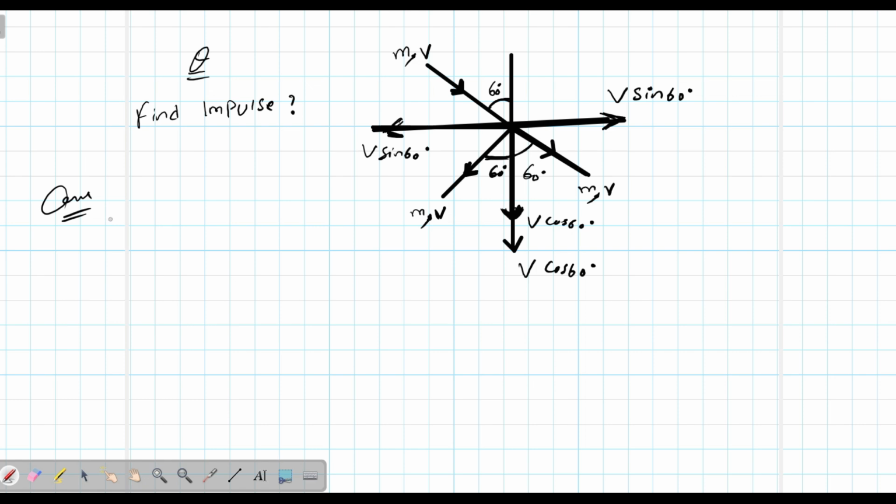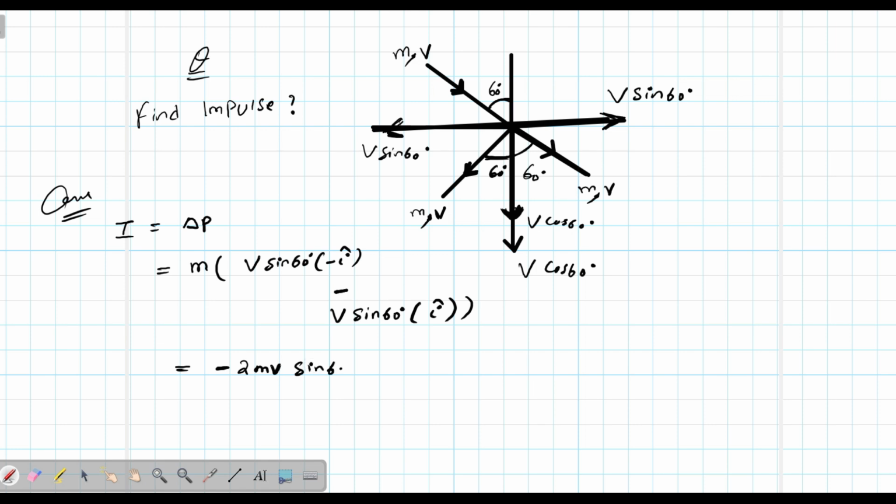Impulse equals the change in momentum. So the v sin 60 component changes from plus to minus I cap, so this is minus twice mv sin 60 I cap.